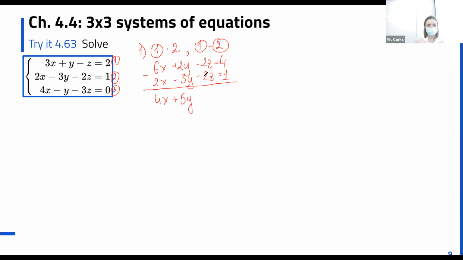Minus 2 minus 2 minus 2 plus 2, 0. We don't have z. And everything equals 4 minus 1, 3. So this will be our equation number 4.